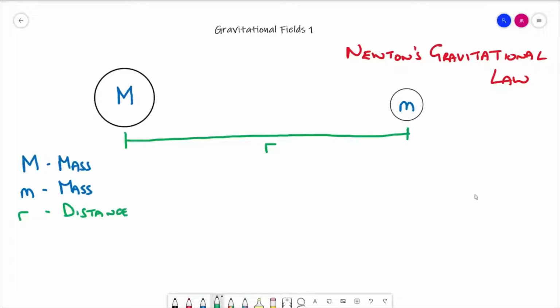Now at this point we need to think about what that distance is between, and the way I've drawn it has already given you a clue as to what this distance is referring to. In this situation we're looking at the distance between the two centres of mass of the objects.